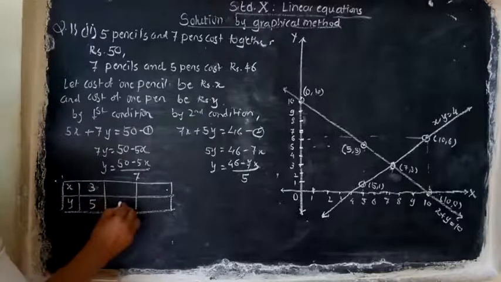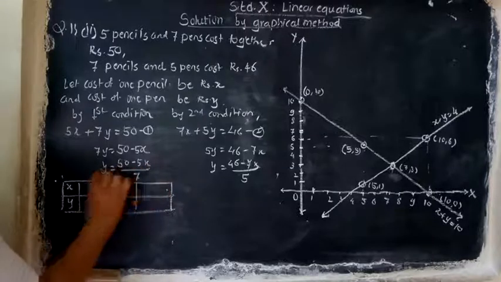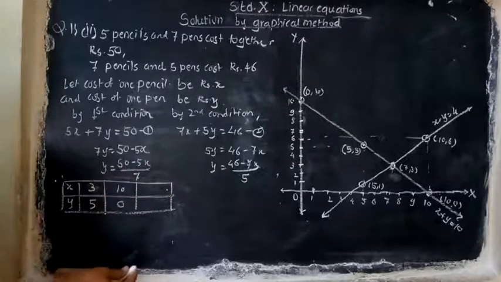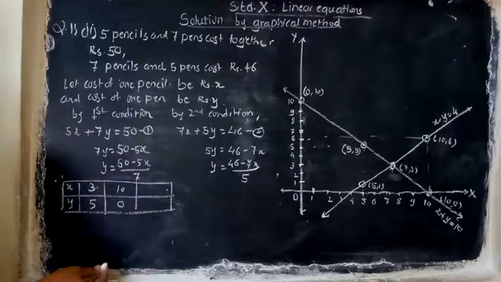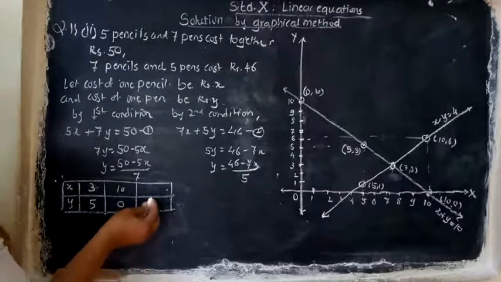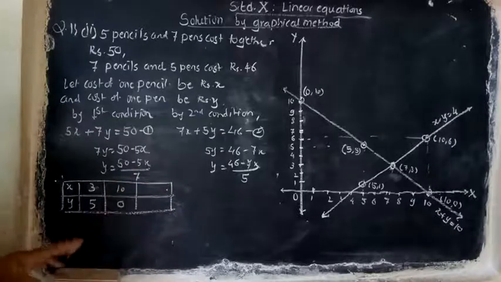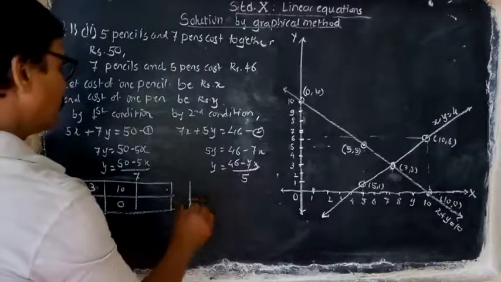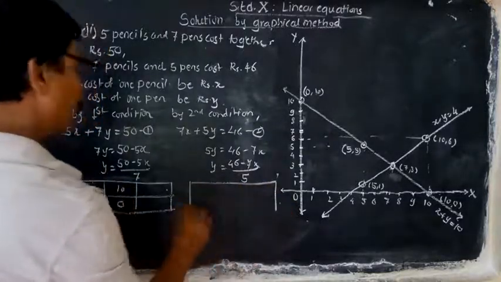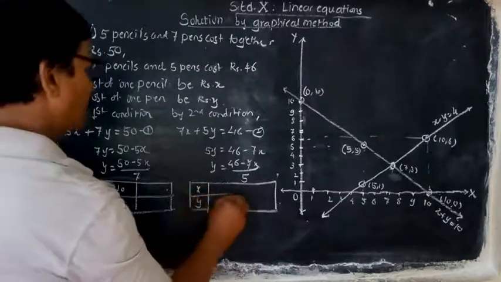For y is equal to 0, 5x is equal to 50, so x is equal to 10. For x is equal to 145, it will not be possible. For other values, only 2 values are possible here; other values are fractions. Therefore, we will take only 2 values.